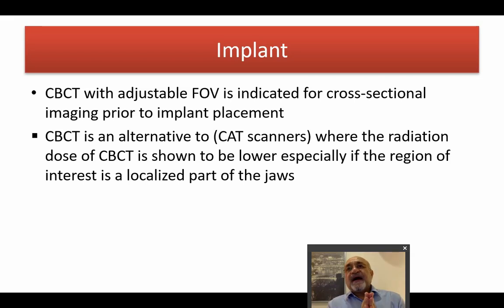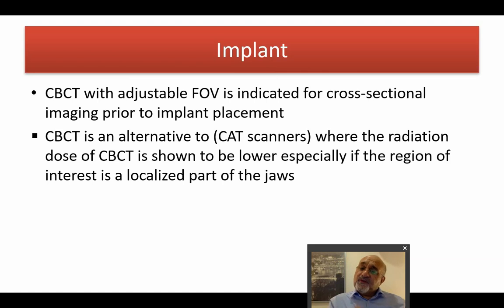So either way, of course, some implantologists, lots of our colleagues, feel that they are satisfied with a periapical radiograph for implant planning and implant positioning: one preclinical, one intra-operational, and one just after the placement of the implant.